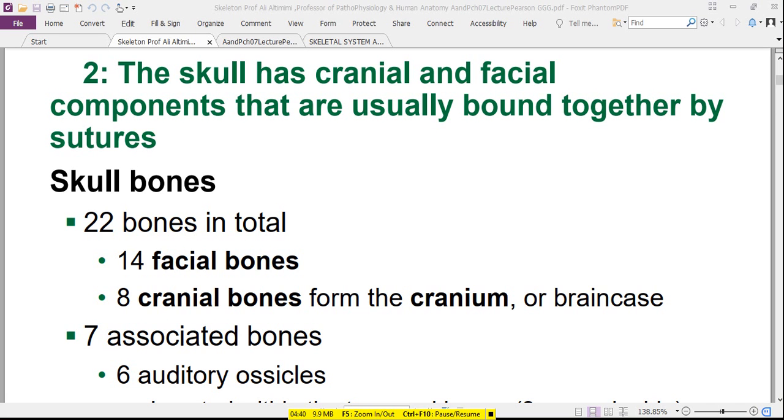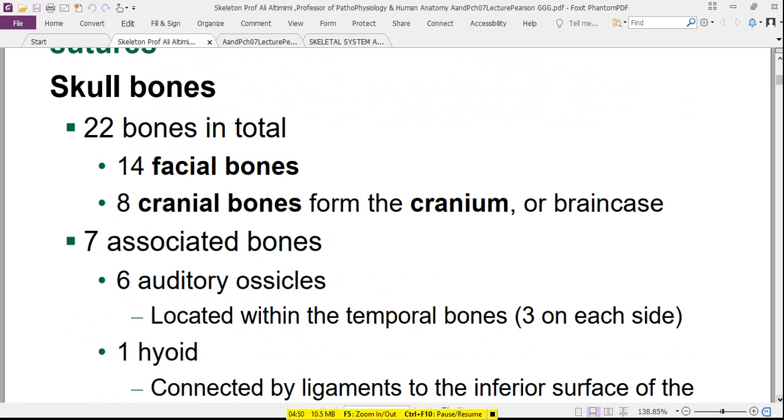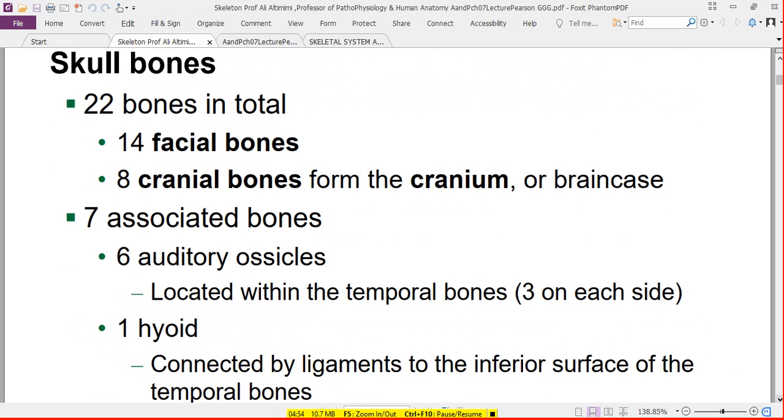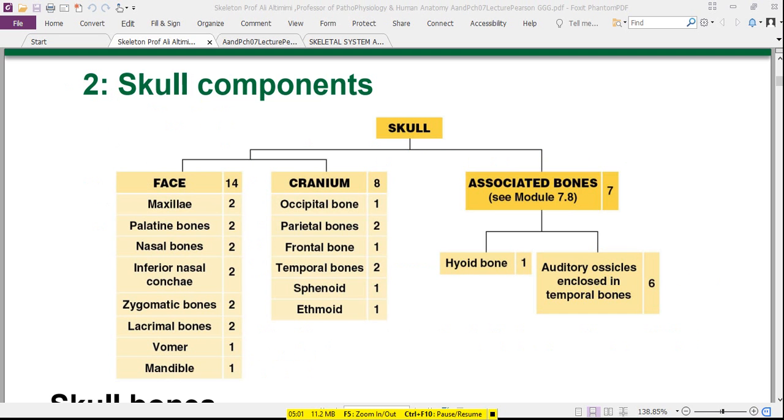There are 7 associated bones, including 6 auditory bones located in the temporal bone, 3 on each side, and 1 hyoid bone connected by ligament to the inferior part of the temporal bone. Your skull forms two parts: bones of the face and the cranium.